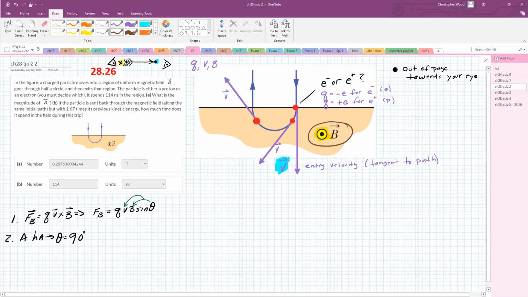So that's what I'm saying, theta equals 90. Make sure you're seeing that. Don't just say, okay, if you say so. That would not be optimal. Now I need to find out, is this a proton or an electron? I don't know quite yet, so I'm just going to keep going. Number three.